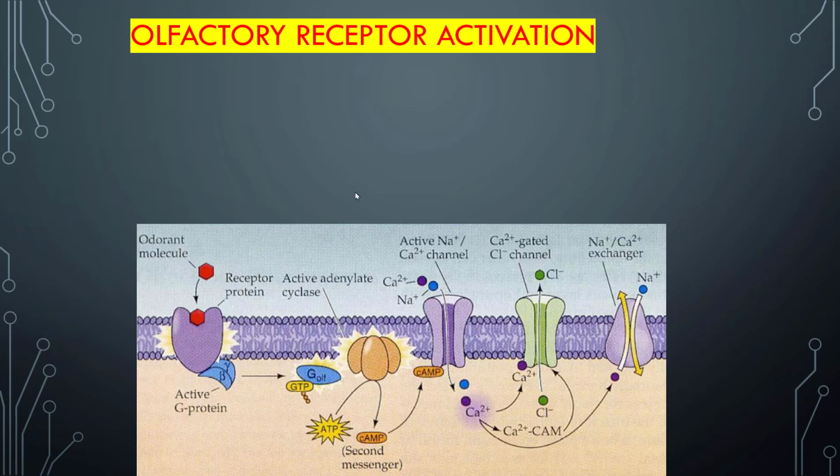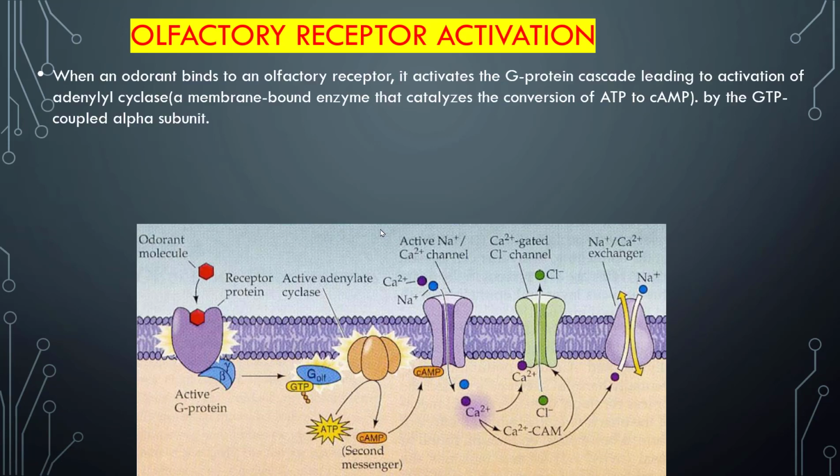Olfactory receptor activation. When an odorant binds to an olfactory receptor, it activates the G protein cascade, leading to activation of adenyl cyclase. Adenyl cyclase is a membrane-bound enzyme that catalyzes the conversion of ATP to cyclic AMP by the GTP-coupled alpha subunit.